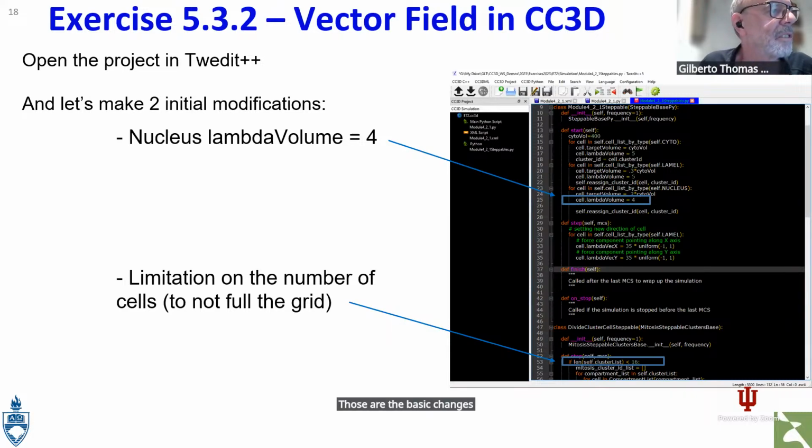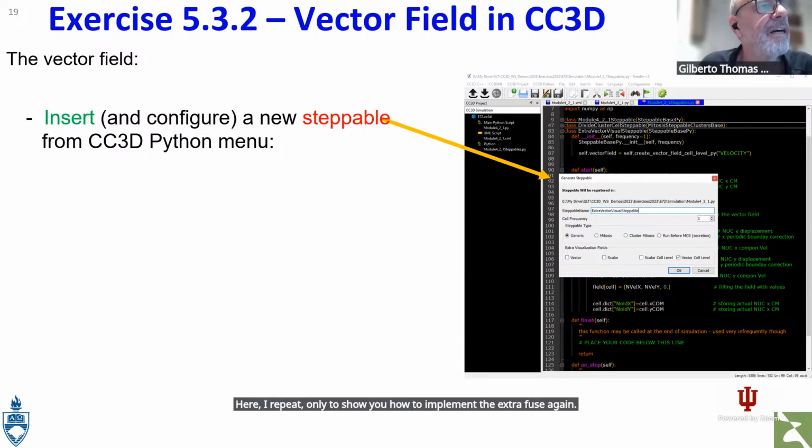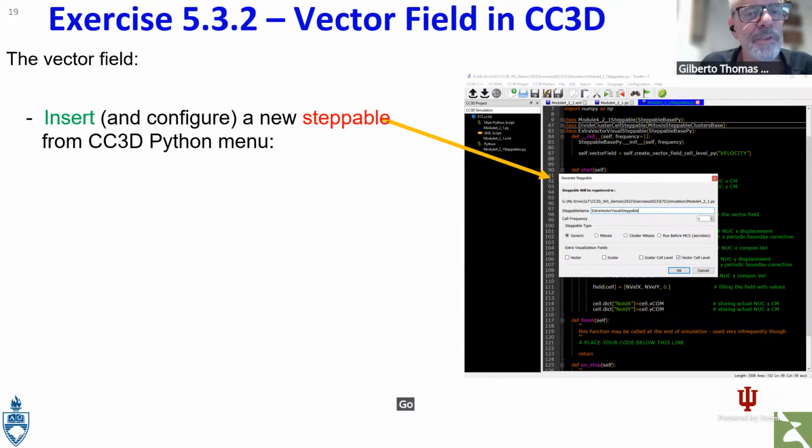Let's go to the editor. Here I will repeat only to show you how to implement the extra fields again. We have to go to the drop-down menu of Python code, Python to edit, CC3D Python drop-down menu.